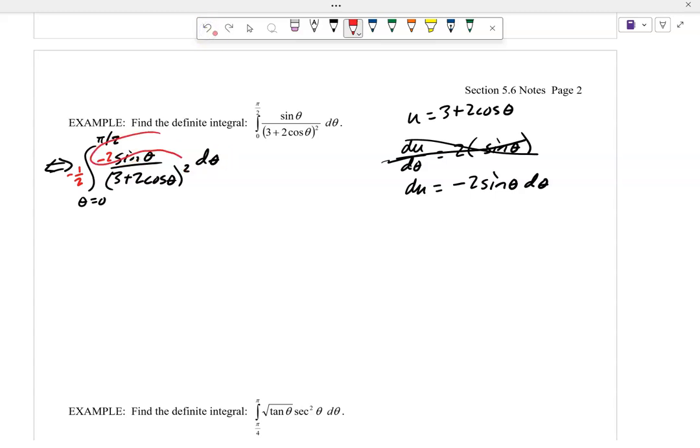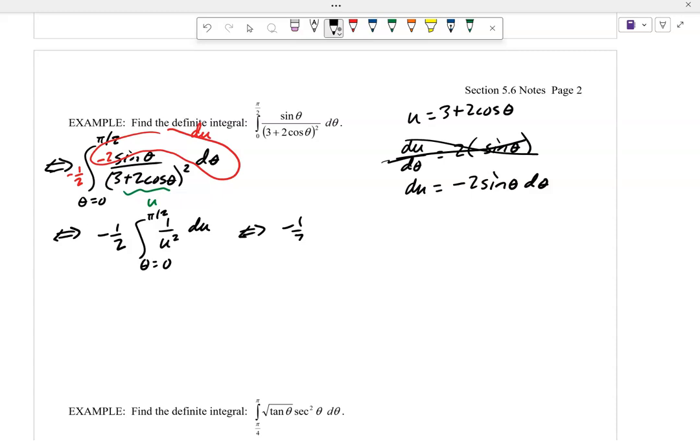There's our du. And here's our u. So I got 1 over u squared du with that negative 1/2 in front. 1 over u squared du from theta being 0 to pi halves. So I got u to the negative 2.